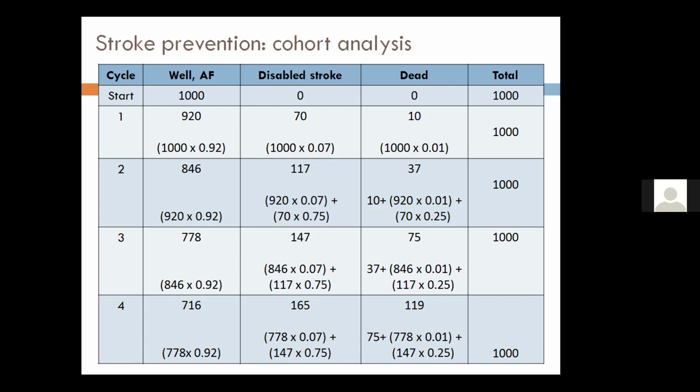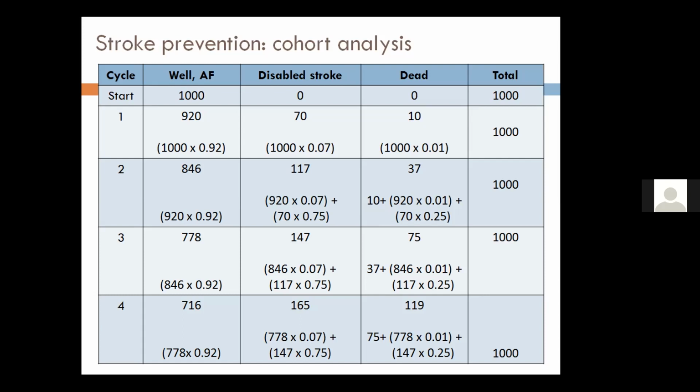In the second cycle, when you are considering disabled, you are taking the earlier people who were disabled, and 25% of them will die, which is another assumption. So this is a slightly complicated thing.